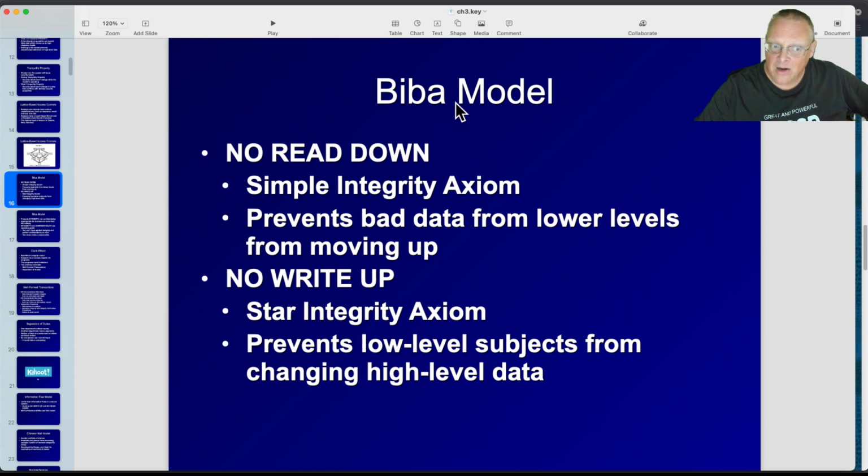So the Biba model is the opposite of the Bell model. It appears to be insane. You don't let people read down, so people at high clearance levels cannot read low clearance level data. And you have no write up, so low level subjects cannot change high level data. This protects integrity but not confidentiality. It seems kind of nuts, but it occurred to me, this is essentially the Catholic Church.